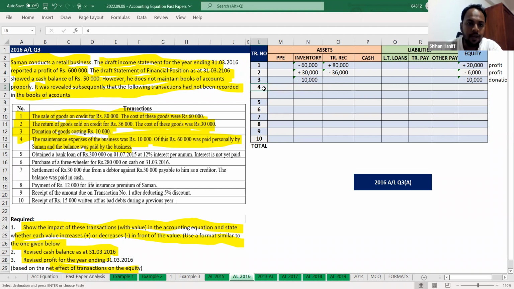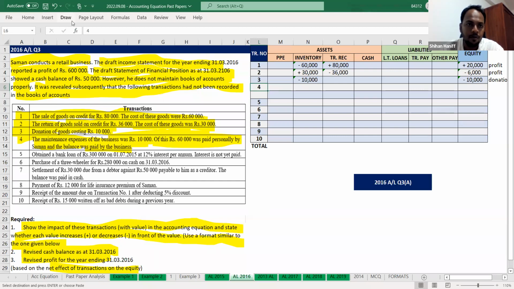How do you record this maintenance expense? Cash, yes, cash minus that's 6,000.